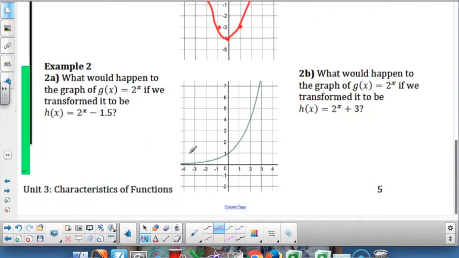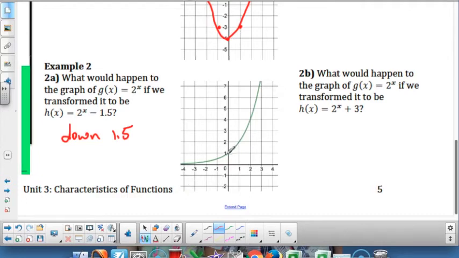Now this one is an exponential function. This is what exponential functions look like when they've been graphed. What would happen to this graph if we transformed it from 2 to the x to 2 to the x minus 1.5? Well, it would go down 1.5 points because I've got subtraction by 1.5.